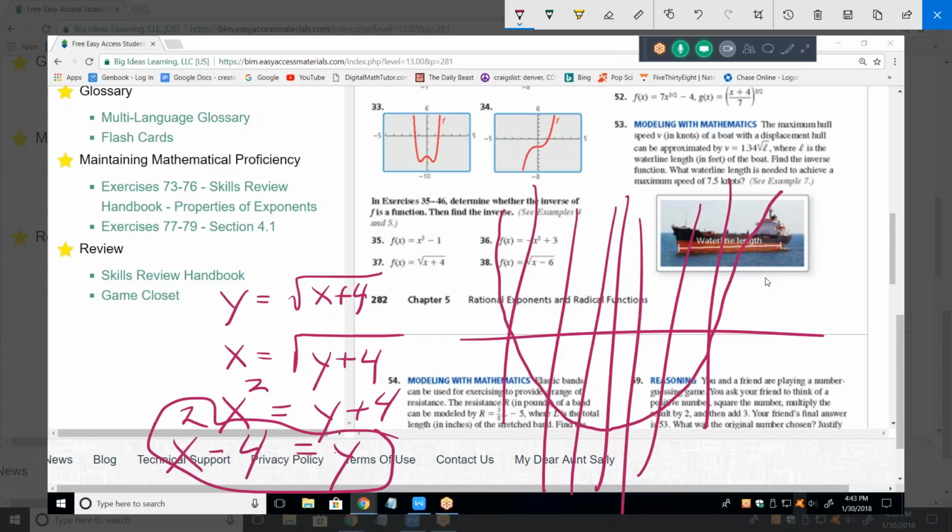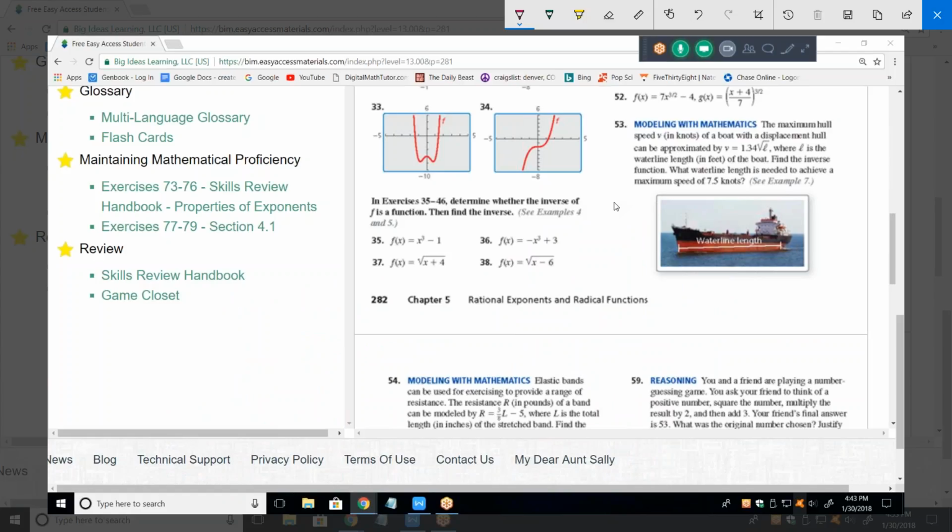Okay, yeah. All right, let's see if we can finish up 38 before we're done here. Graph it first. So the vertex is at 6.